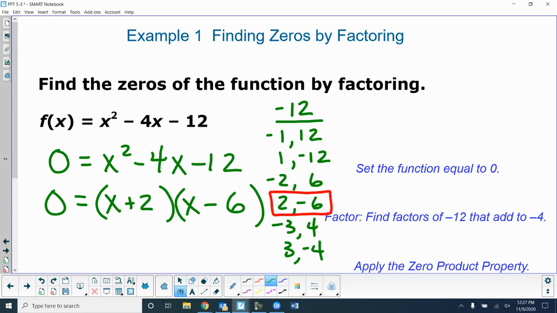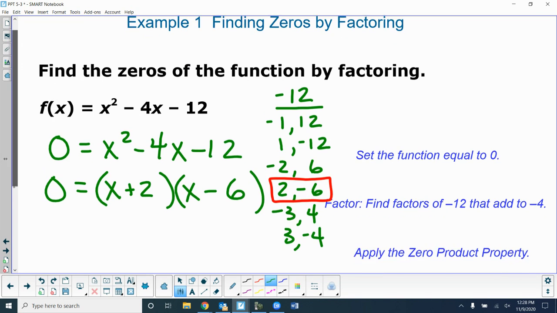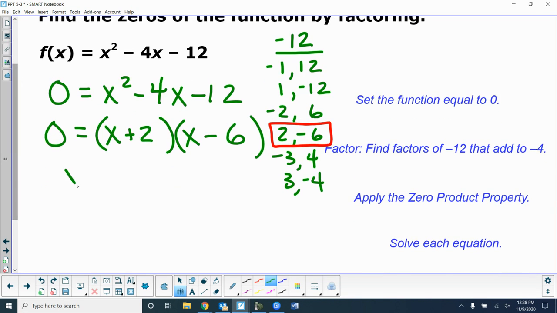Now, I'm not finished. I'm looking for the roots, the zeros, right? So, remember what I just said. If something times something is 0, one of these numbers has to be what? 0. So what we do is we go x plus 2 equals 0, or x minus 6 equals 0.